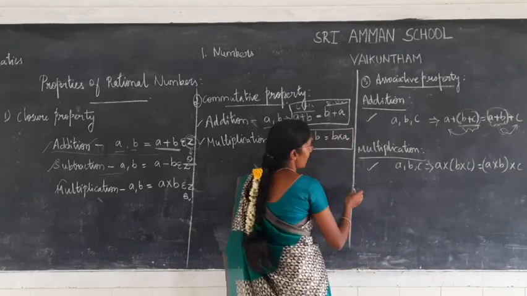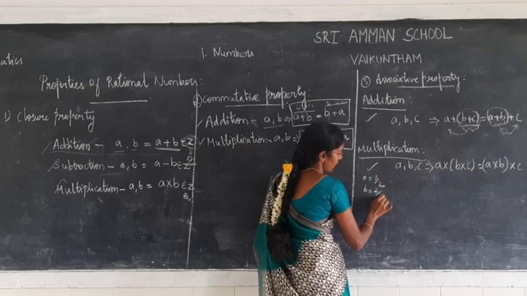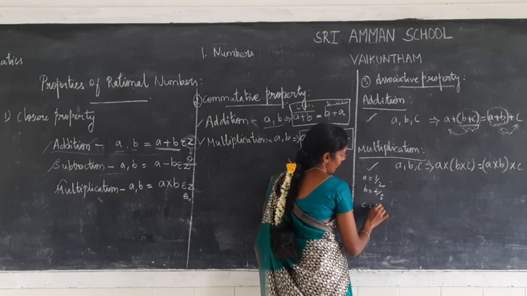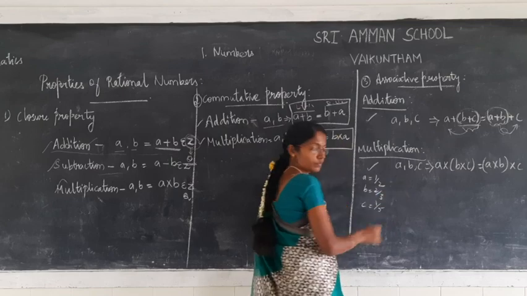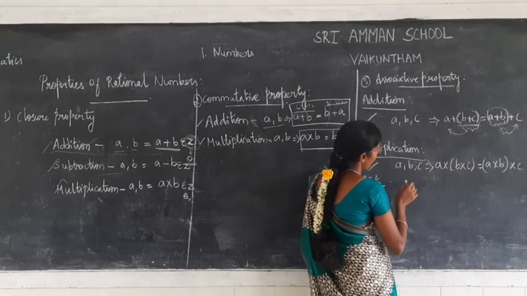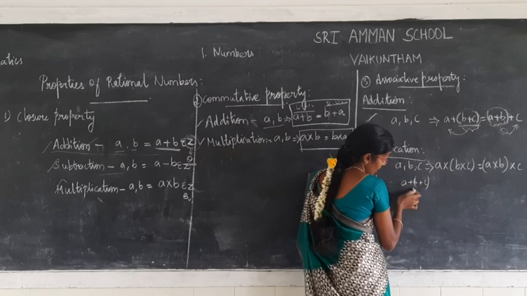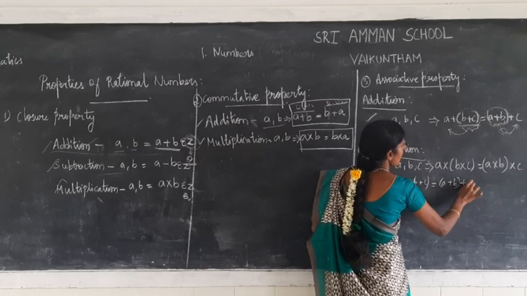For example, a equal to 1 by 2, b equal to 2 by 3, c is equal to any rational number, for example 1 by 5. So what will we do here? (a plus b) plus c is equal to a plus (b plus c).